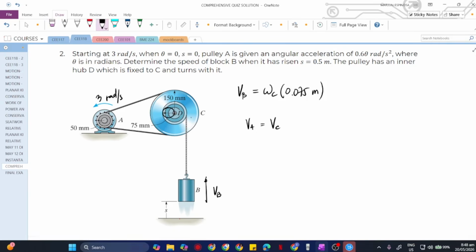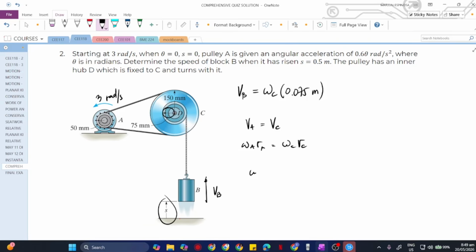Kasi we are to consider S is equivalent to 0.5, pero gagamitin natin tong value nito later. So, yung VA is equivalent to angular velocity ng A final, times yung radius ng A natin, pulley A, that is equivalent to angular velocity ng C times the radius ng C. Yan yung gagamitin natin na formula.